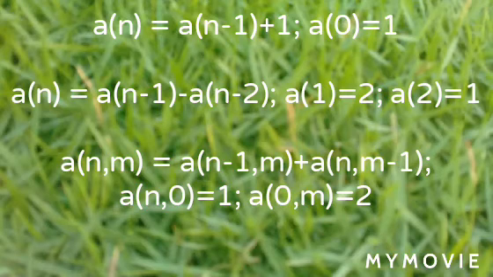In this relation, you will notice that a is using itself. You also see the value of the first few elements. So, how can we create a recursive function out of this? It's easy.